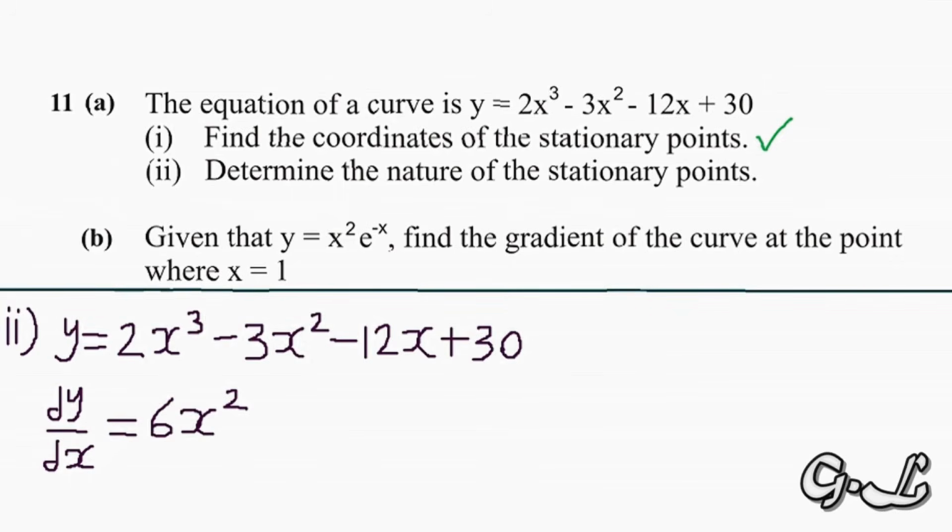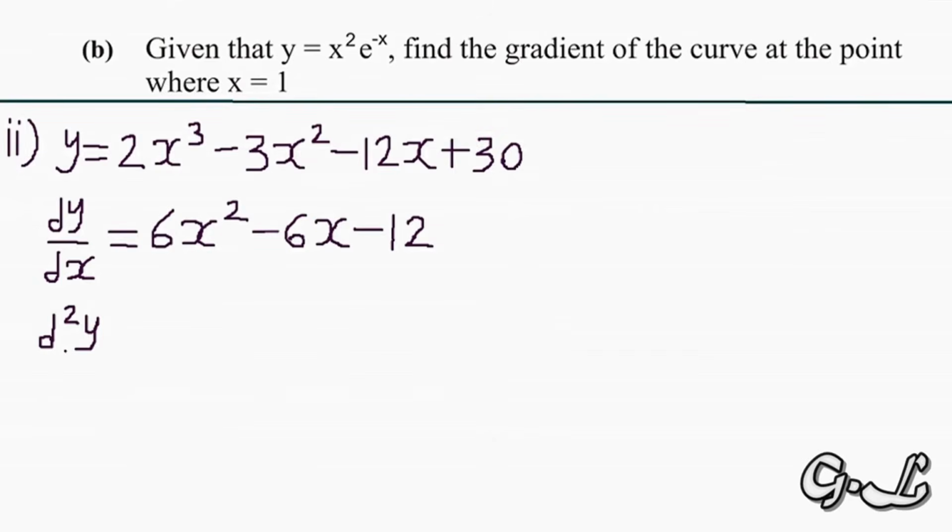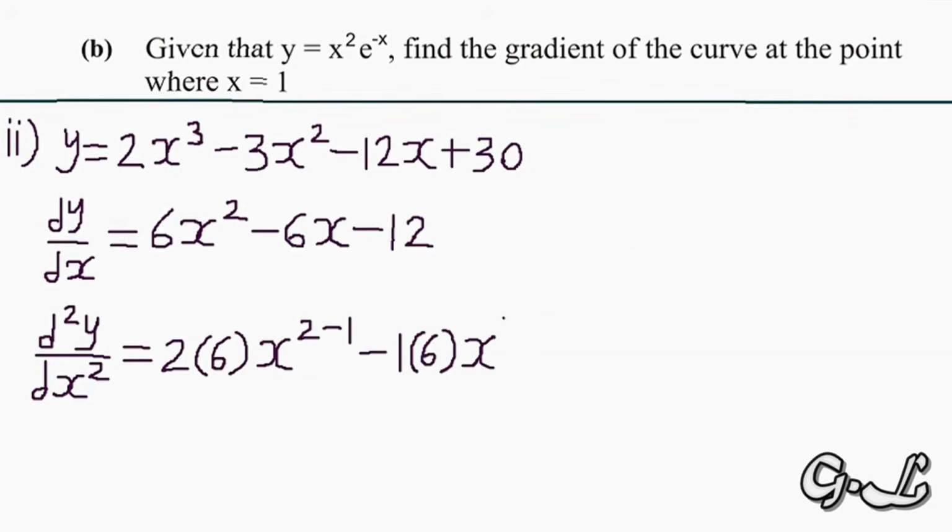So dy dx is equal to 6x squared minus 6x minus 12, like that. The next thing that we have to consider is differentiating the dy dx again. So it will be d2y dx squared is equal to, and we're going to differentiate the same way as we did earlier.